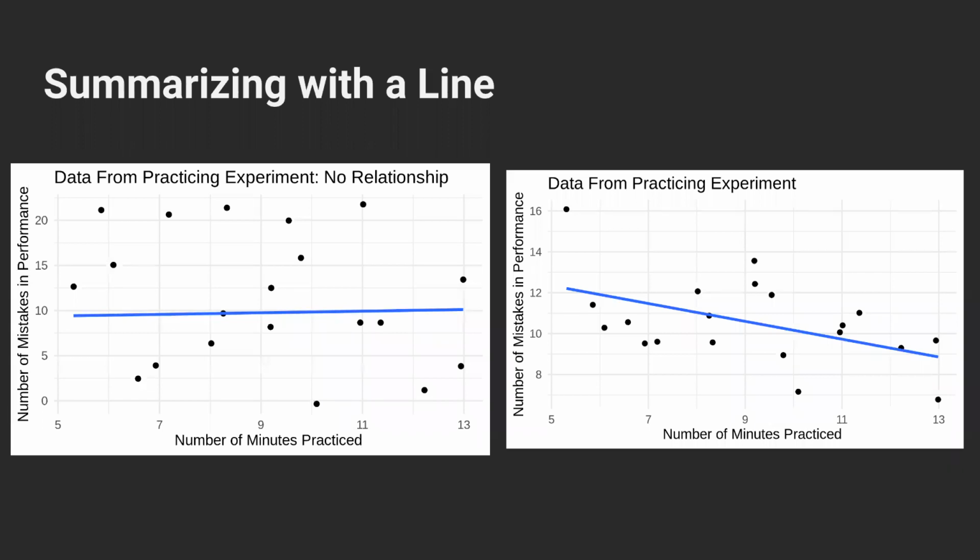Why isn't that line completely 0? Or said another way, why isn't the graph on the left evidence that as practicing increases, number of mistakes also increases? Any guesses?